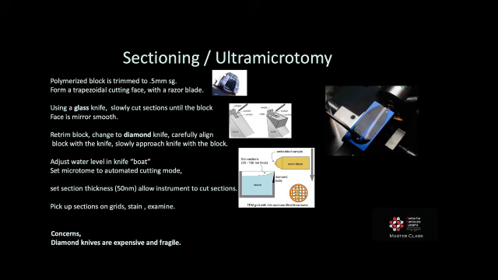So now we have our knife, we have our trimmed block. So we can start sectioning. This is also called ultra microtomy. So our polymerized block is trimmed to a 5 millimeter square or trapezoid with a very sharp razor blade.